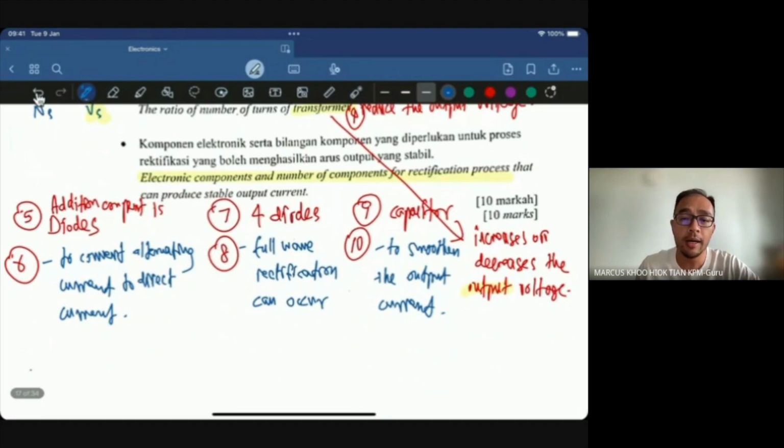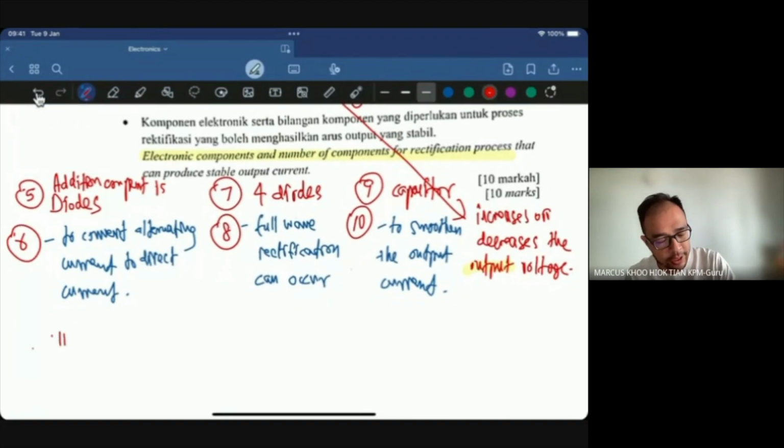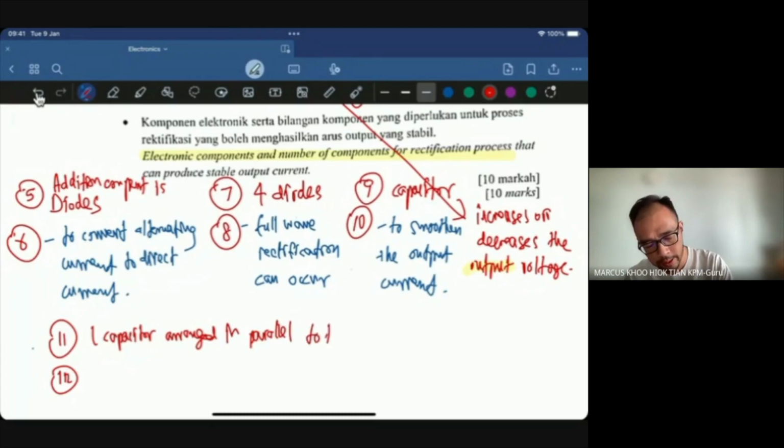If you want, they also ask for the number of components. So I'm just going to give you an extra one. I'm going to call this the 11th and the 12th mark, although it doesn't exist. You can have one capacitor arranged in parallel to the battery.